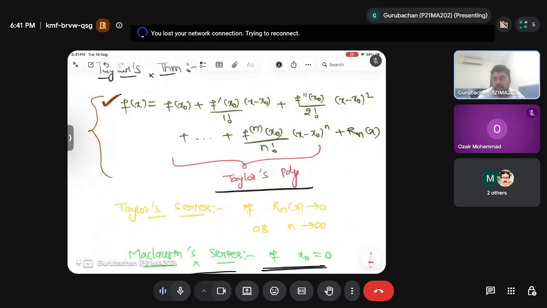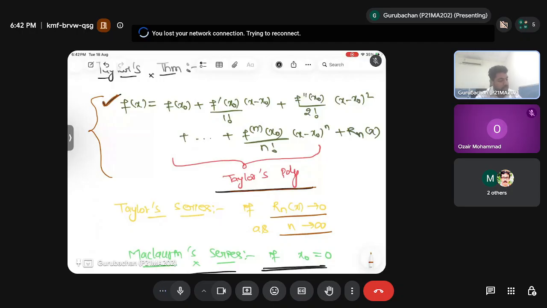Whenever you are restricting it to some number of terms, for example n terms, this will be called Taylor's polynomial. Whenever your remainder goes to 0 as n tends to infinity, that means your series can go to infinity, so that we call Taylor series. So whenever you are discussing some particular finite terms, you will prefer to say Taylor's polynomial. Or if you want to say Taylor expansion or Taylor series, then you need to mention up to which order you are talking about.